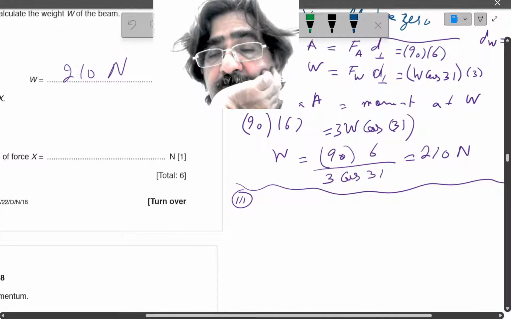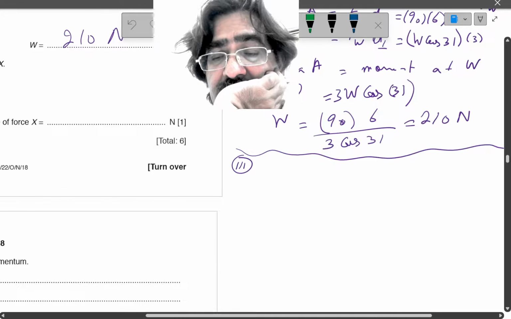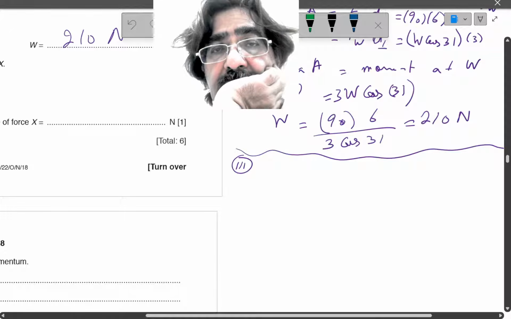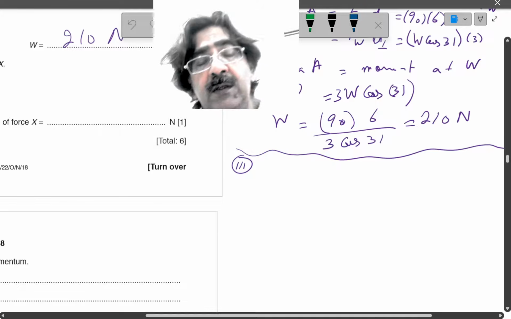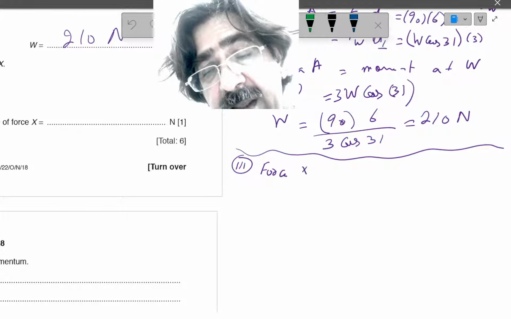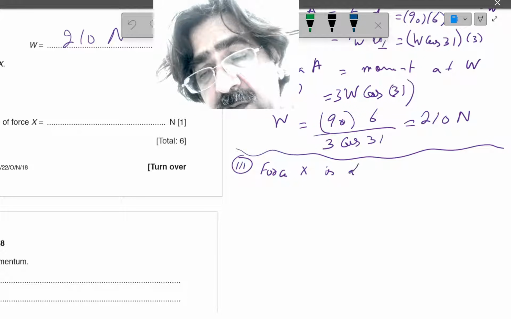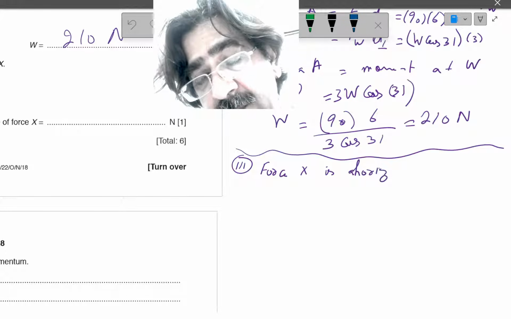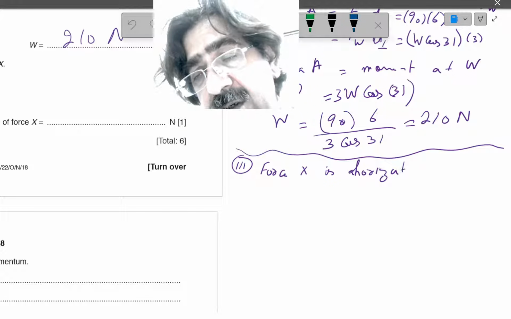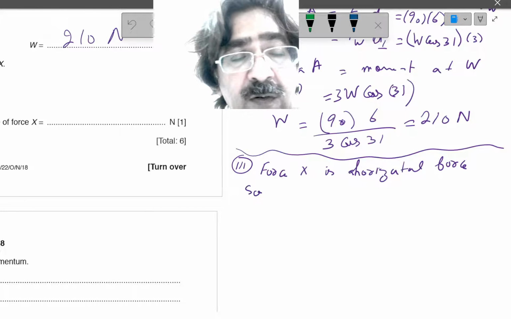Please don't confuse that. Moment is different and torque is different. So force X is a horizontal force.